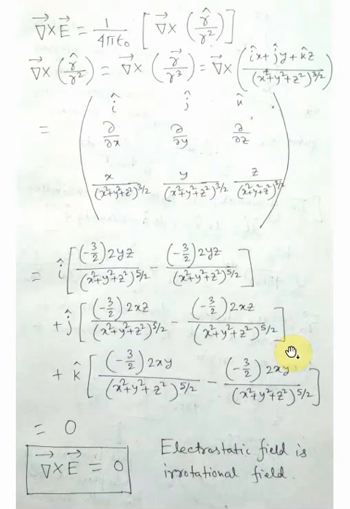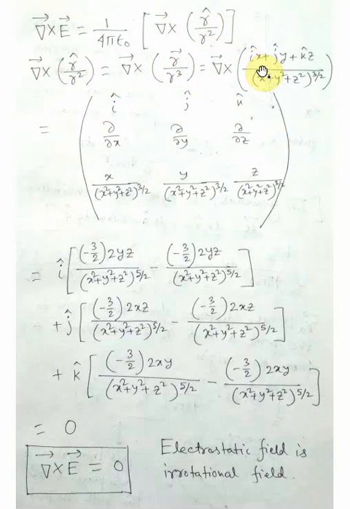Now the electric field is actually like this: r cap by r square, with the constant 1 by 4 pi epsilon naught. So we have to find the curl of this r cap by r square. Now r cap we will convert to r vector by r cube, right?